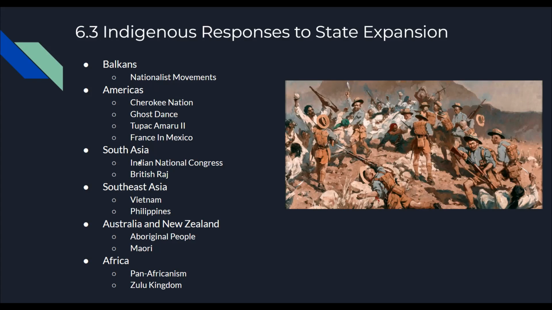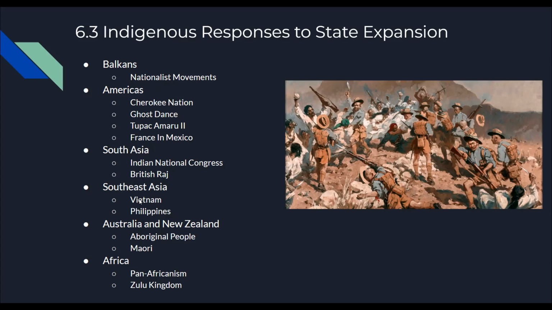What happened in South Asia was that in India, you had the British Raj taking over most of India by 1857. Due to this and due to a lot of inequality in the area, you had the creation of the Indian National Congress, which by the 1940s led to the end of British rule in India.